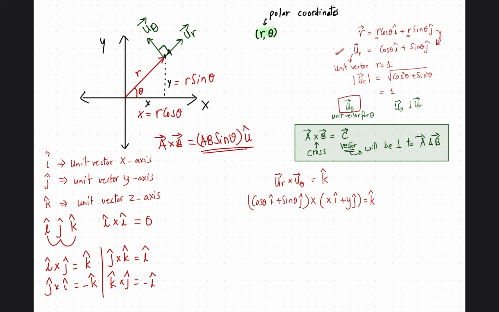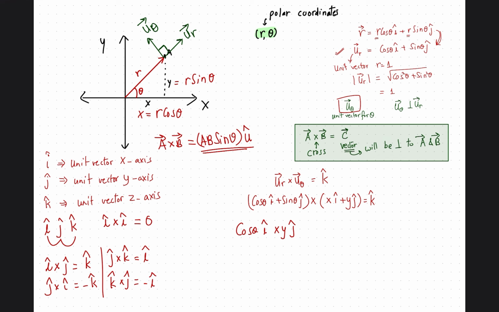Okay. So now when I open the bracket, I will have cosine theta I cap multiplied by x I cap. Multiply means cross product. So I'm going to have I cap and I cap, that will become 0. Then cosine theta I cap multiplied by y j cap, so let's just write that: cosine theta I cap cross y j cap.